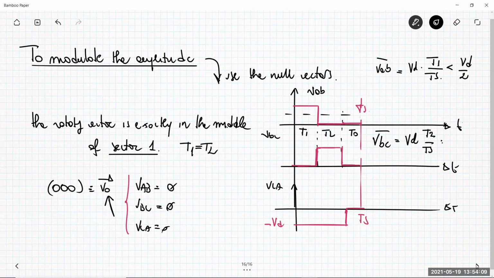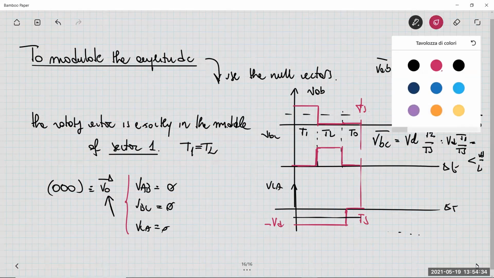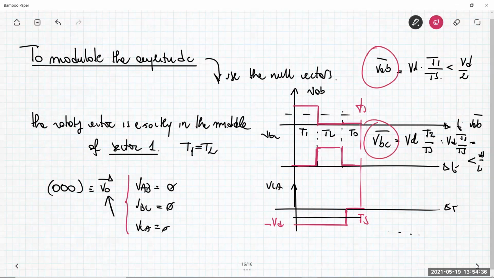But since T1 and T2 are the same, this is also VD T1 over TS, which is the same as VAB, but this is less than VD over 2. And the average value here is another different value, which is negative. It's not important for now, but what happens is that the two average values for VAB and VBC are the same.